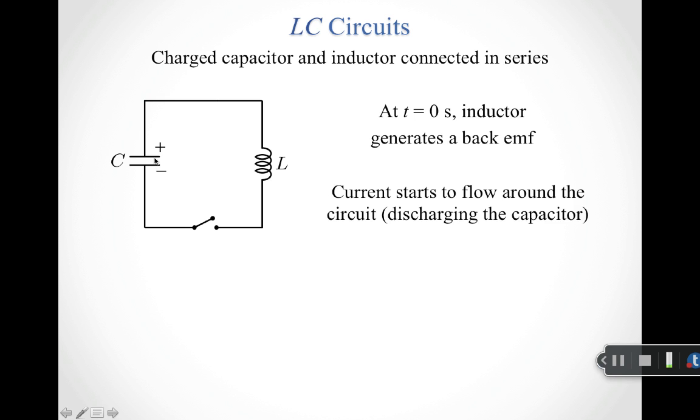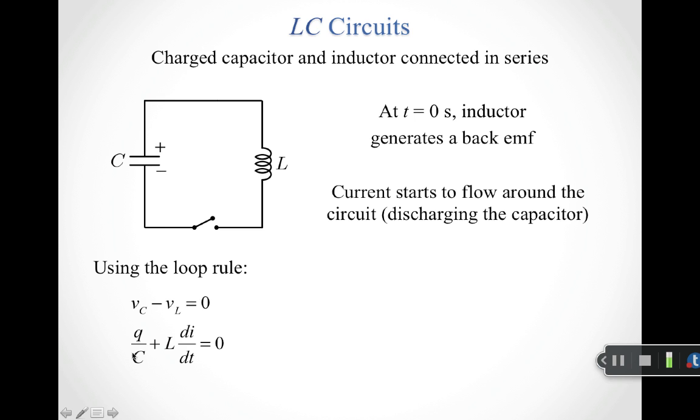voltage across the capacitor. And so if we use our loop rule, again we'll start down here, and we know that the voltage increase across the capacitor, going from the negative to the positive plate, has got to be equal to the voltage decrease across the inductor.